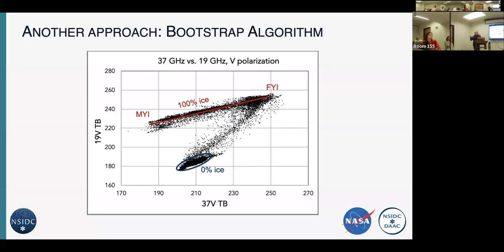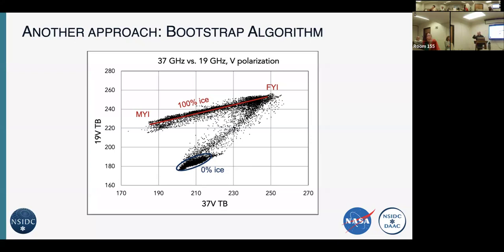And again, if you look at validation data, you realize this cluster here falls along the 100% line of sea ice, and then this is your 0%, and you just linearly interpolate between to get your total concentration. There's a weather filter that I didn't put in here, but it cuts off like there.